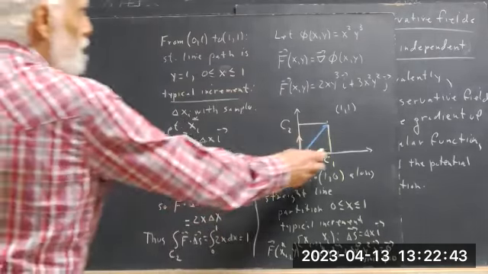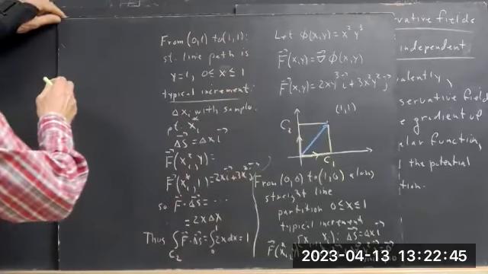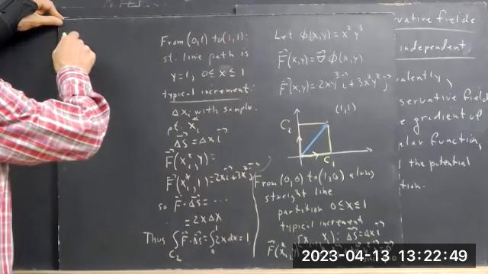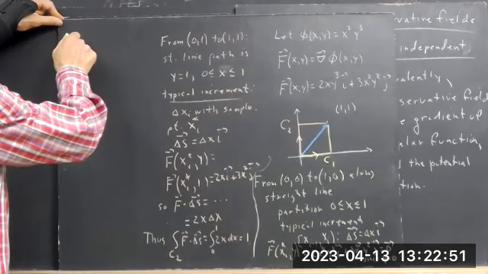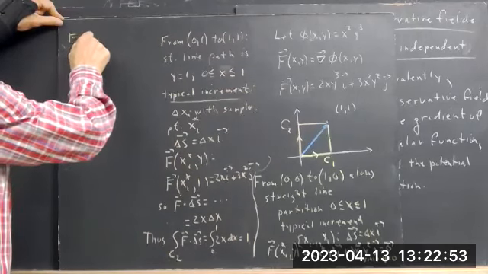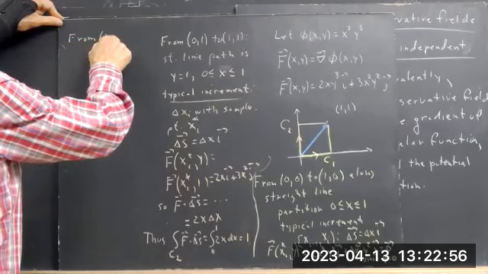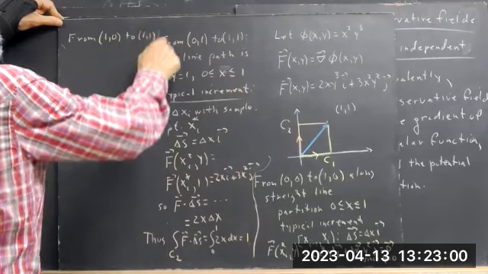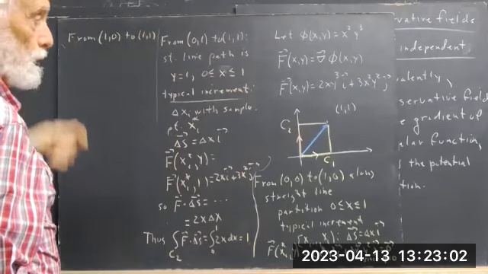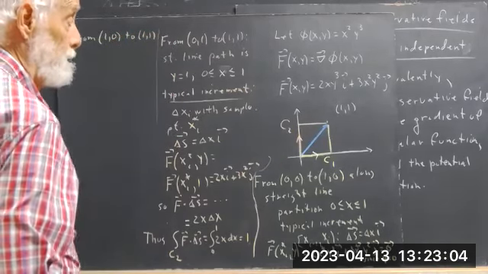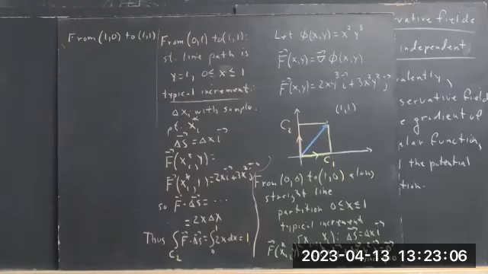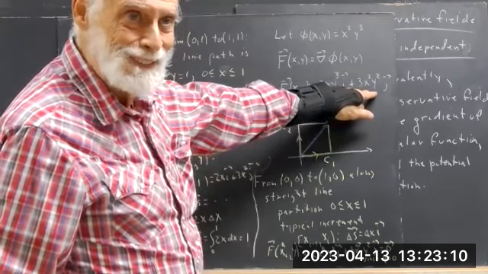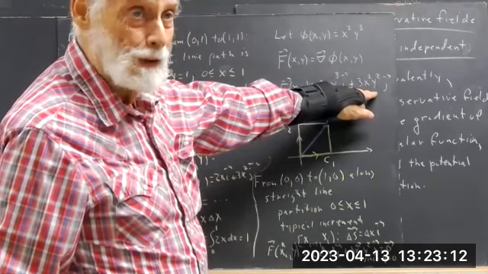So anyhow, going from 1, 0 to 1, 1 along a straight line, long story short, we're going to end up integrating 3y squared dy, and it's going to give us 1 again.